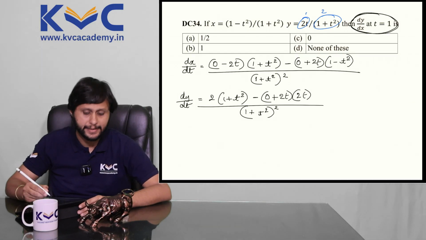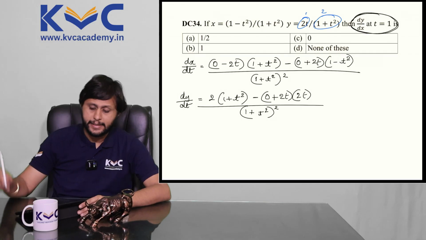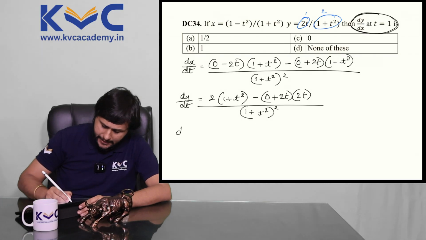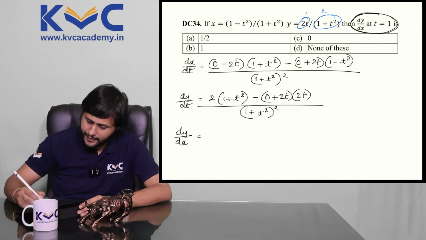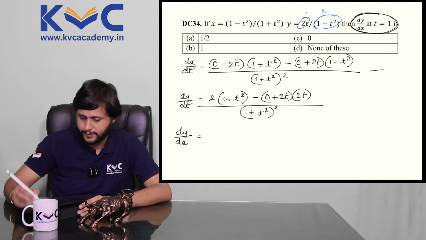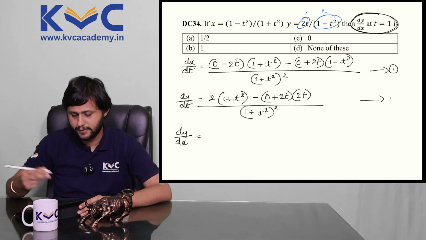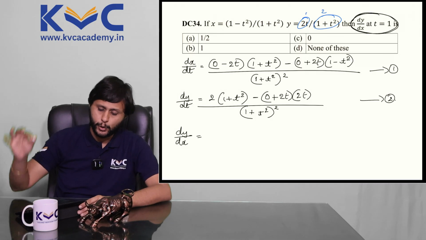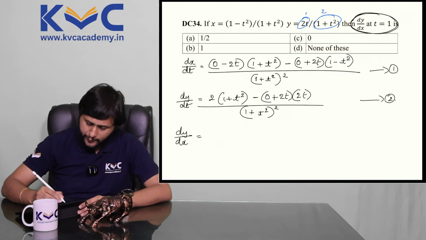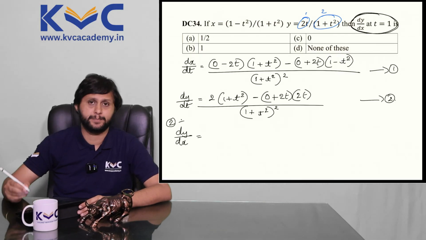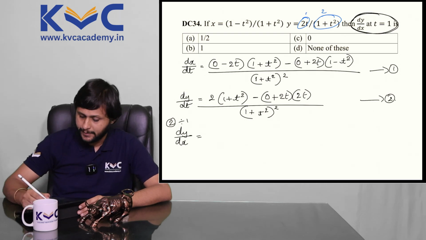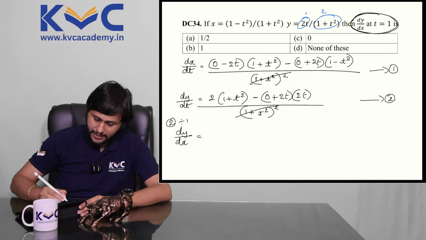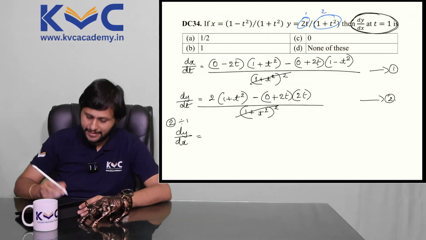Fine. So we have dx by dt, we have dy by dt. Next we need dy by dx. That means I have to divide. If I have to identify these functions, this is function number 1, function number 2, that is differentiation of the first function, differentiation of the second function, both done. Now we need 2 divided by 1. And if you see the denominator is the same, it cancels off. So the numerators are remaining, but make sure you write the second one first, which is dy by dt by dx by dt.